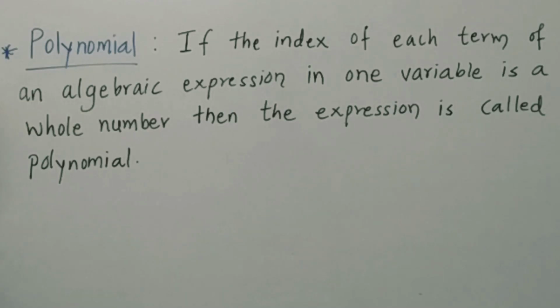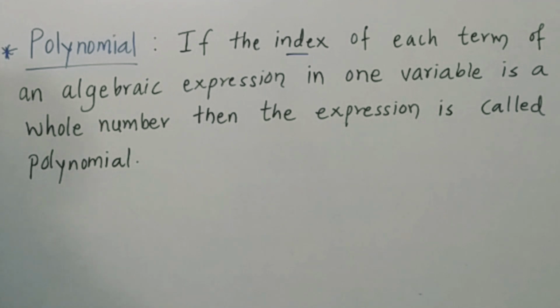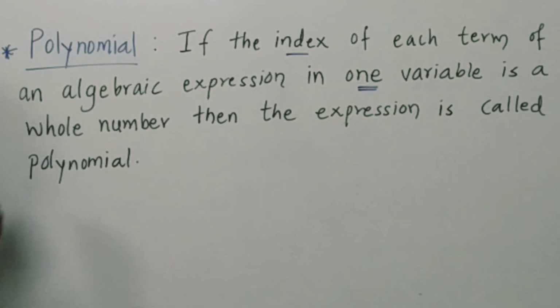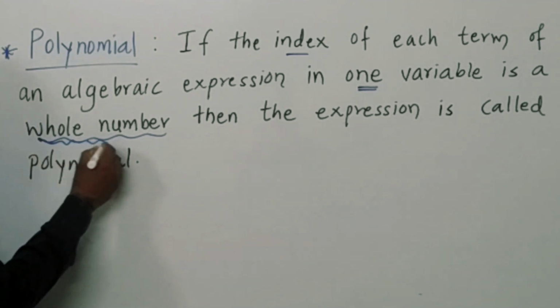What is polynomial? If the index of each term of an algebraic expression in one variable is a whole number, then the expression is called polynomial. Now here the index should be a whole number.